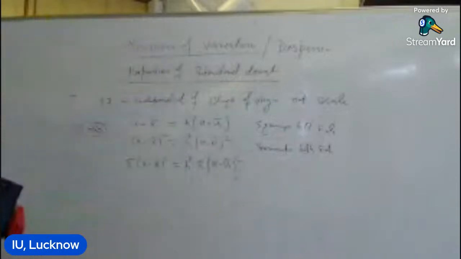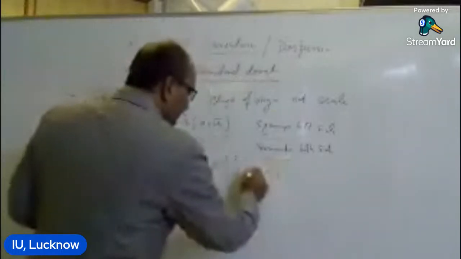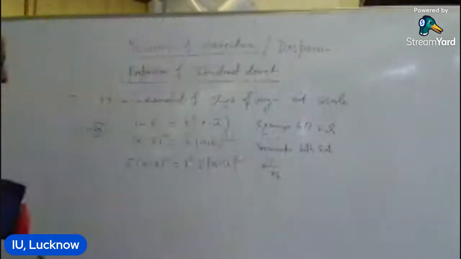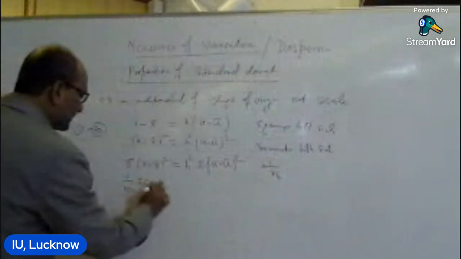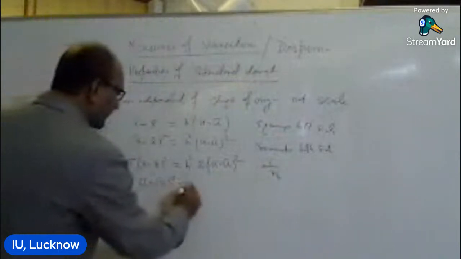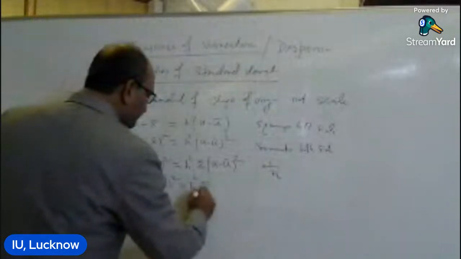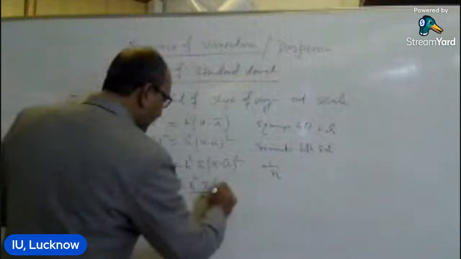Now multiplying by 1 upon n, it will be 1 upon n summation x minus x bar square equals h square times 1 upon n summation u minus u bar whole square.